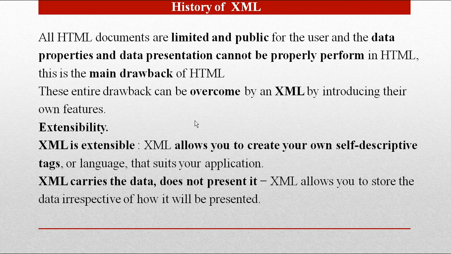So here is the main important thing: HTML has its own predefined tags, but in XML you can create your own descriptive tags. Actually XML does not have any predefined tags. In XML we have to create our own tags according to our need and purpose, a descriptive language that suits your application.